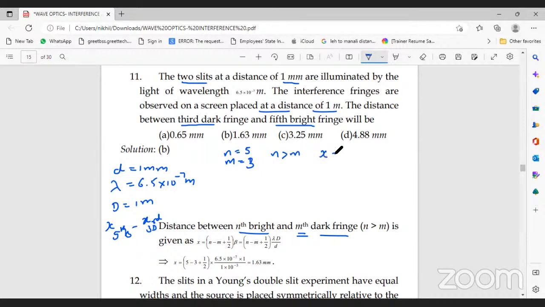You can find that by using the formula n minus m plus 1 by 2 into beta. You simplify this. You know beta is nothing but lambda capital D by small d, no? This is one generalized formula. You substitute and tell me the final value.